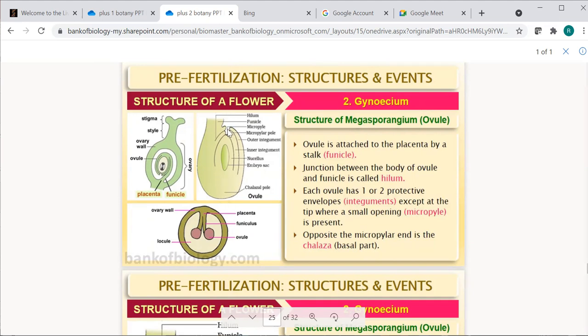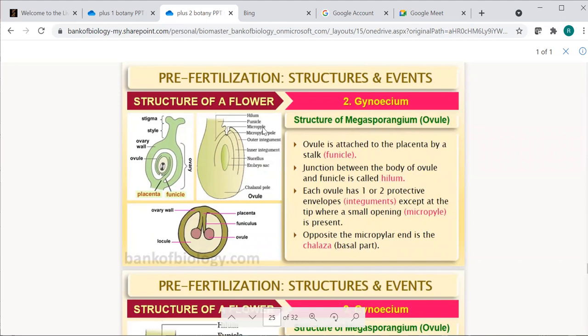You can see the opening, which is called the micropyle. Why is this opening there? It is for the pollen grain to enter. That small opening is called the micropyle.